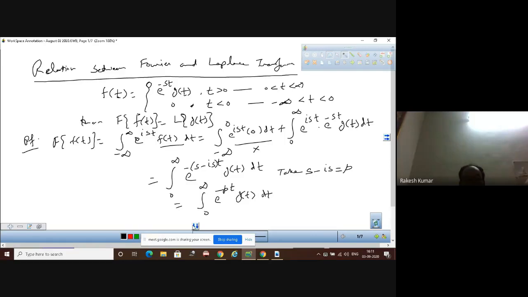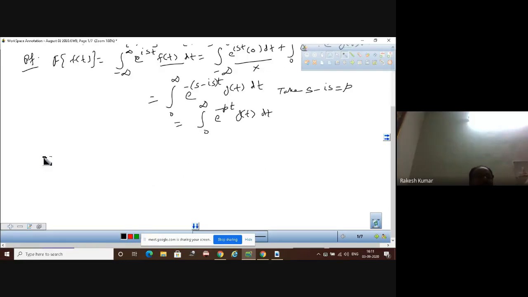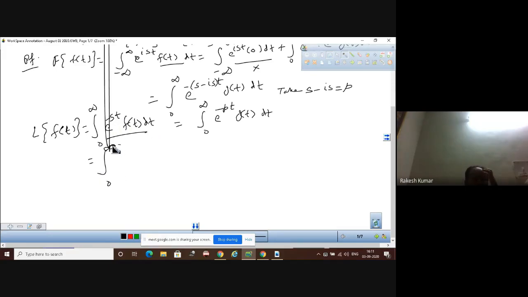And if you recall the definition of Laplace of f of t, that is the integral from 0 to infinity of e raised to power minus st f of t dt. This is the standard definition of Laplace. Here s is a parameter. We can change the parameter also, because the parameter may be any.